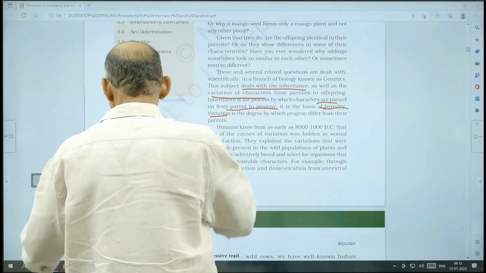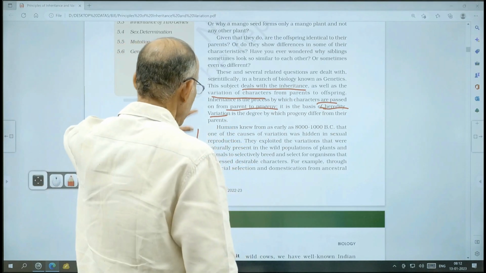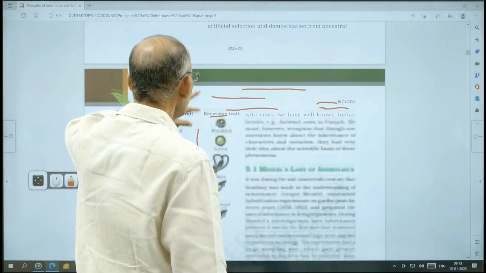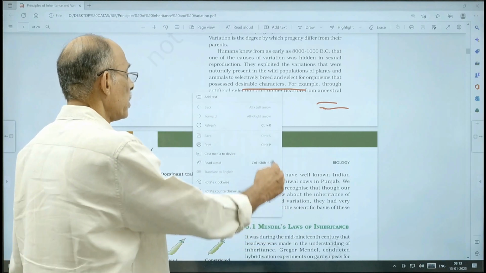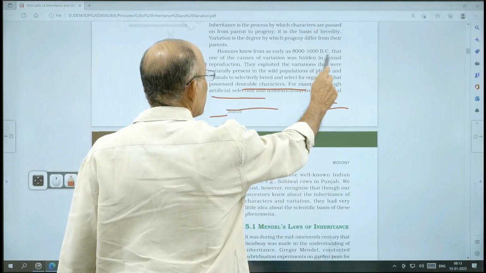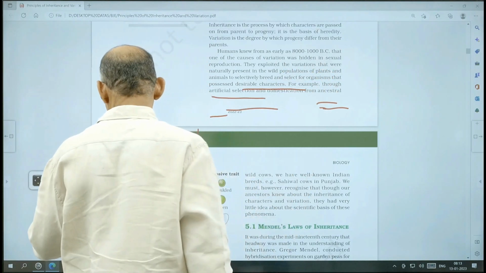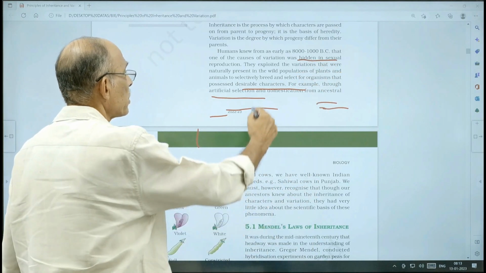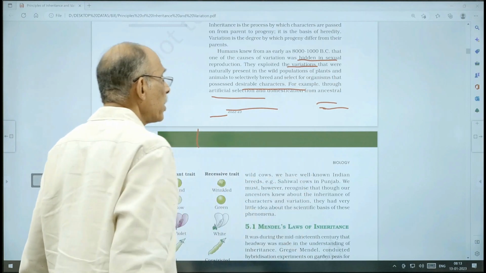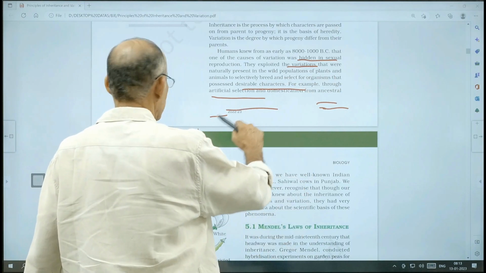And our ancients, before 8000 BC, knew that something is hidden in sexual reproduction, and these variations are hidden in sexual reproduction.